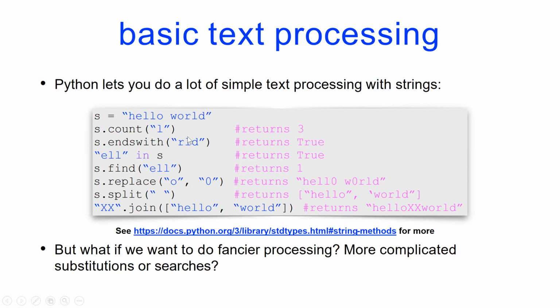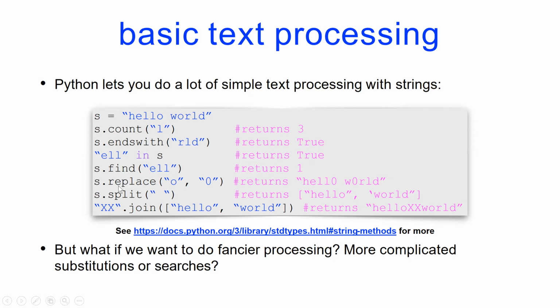You can check if this string ends with LD, then it will return true. Then you can check if ELL is in this string, it will return true. And you can say, I will try to find ELL, it will return the index, which is 1. So try to ask yourself why it's 1.